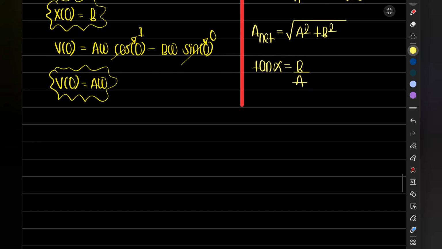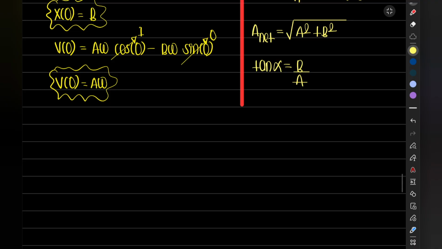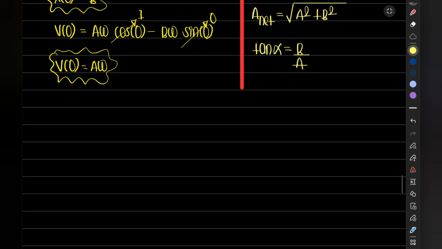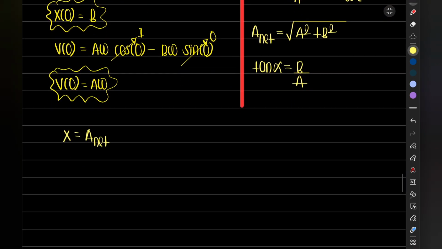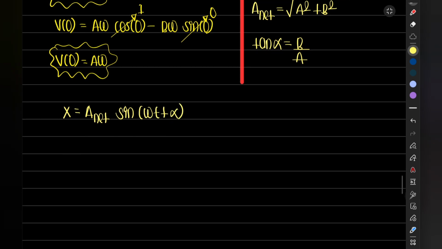Now let's write the resultant equation of this SHM. The resultant equation will be x equals a net, and since both are in terms of sine, sine omega t plus alpha, because alpha is the angle we have considered.